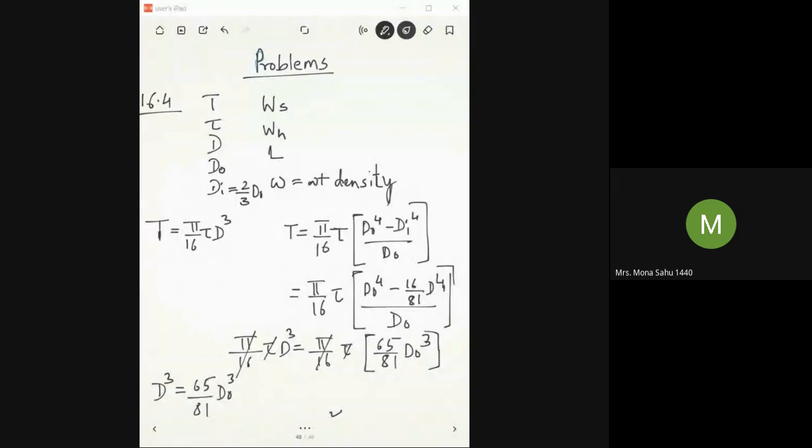In other terms, D equals, if you do a cube root on both sides, the decimal multiplied by D naught. So this is the first equation that we get. Please let me know once you've written it down, and I'll go to the next part of the question.